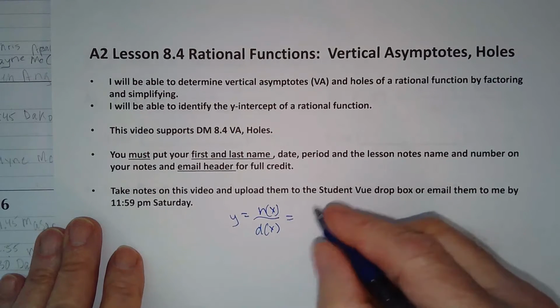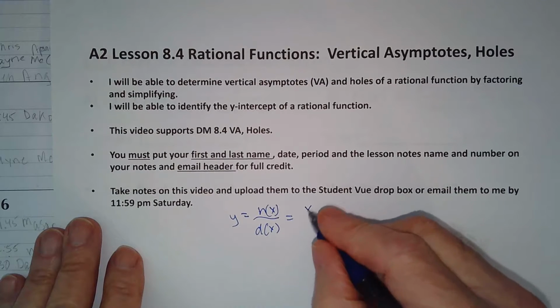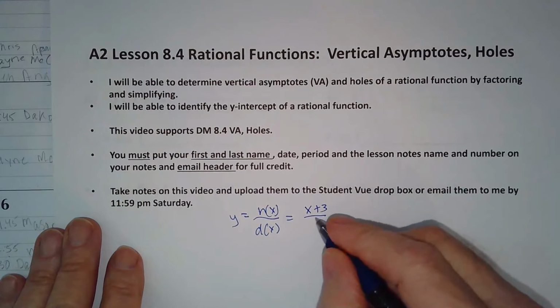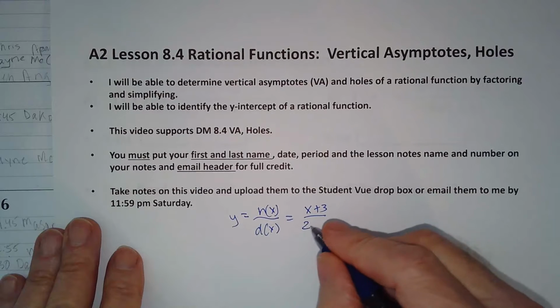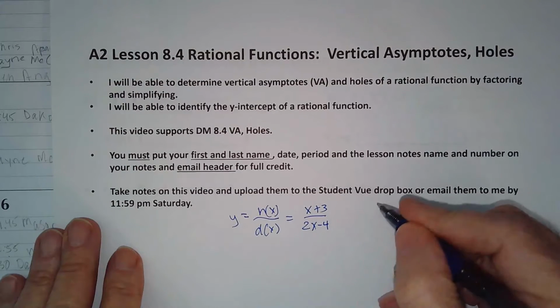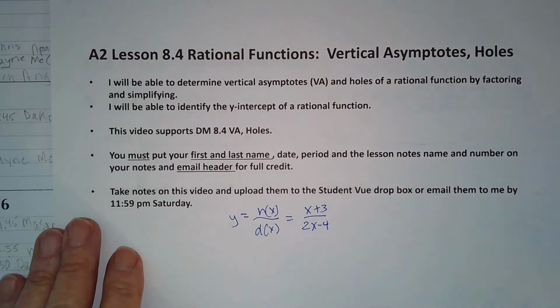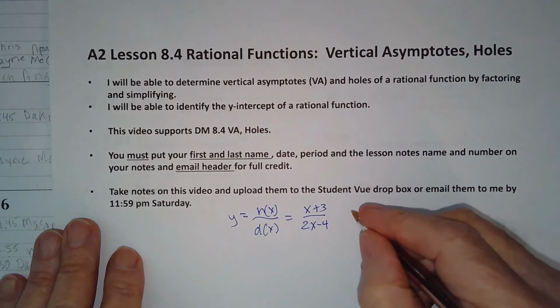And so let's do an example. We could do x plus 3 divided by 2x minus 4. Now, if we were to graph that, it's going to give an interesting result.